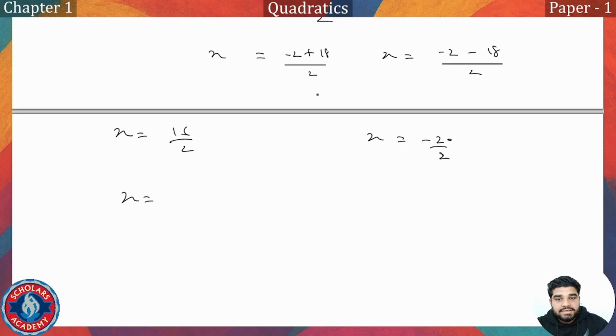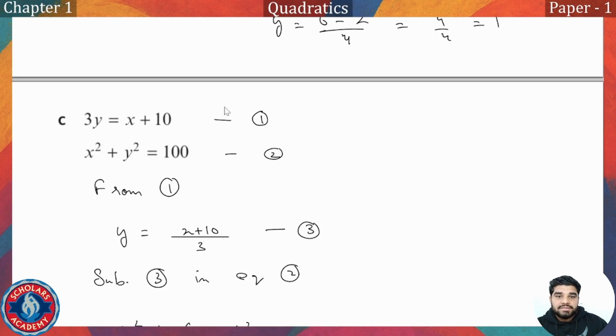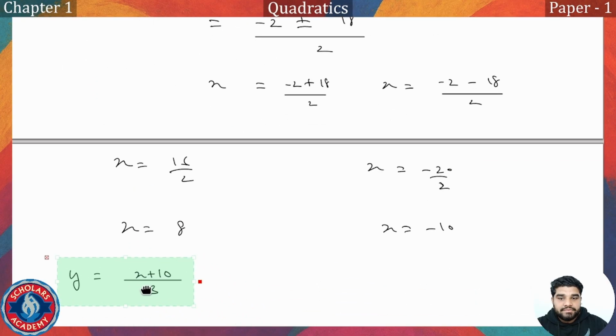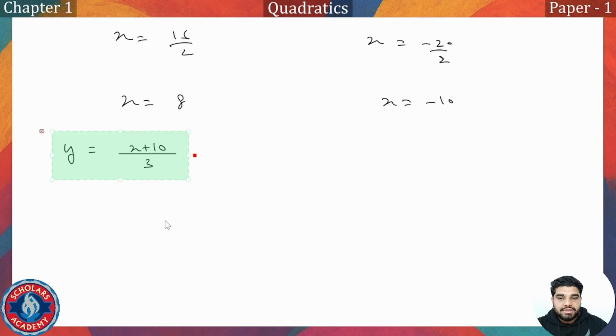That gives us x is equal to 8, or x is equal to negative 10. We get the two values for x. We can substitute these values in equation number 3, and we can find the answers for y. So if x is equal to 8, y is equal to 8 plus 10 by 3. So y is equal to 18 by 3, that is 6.